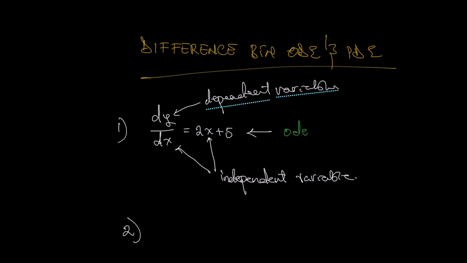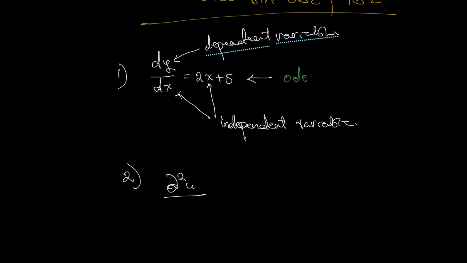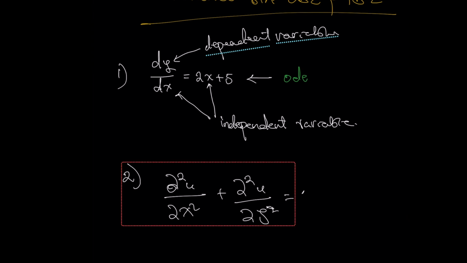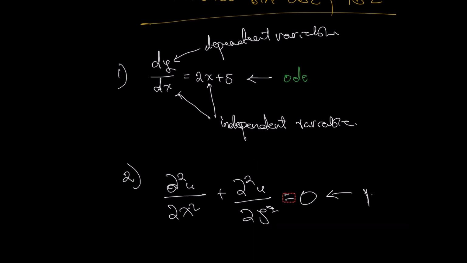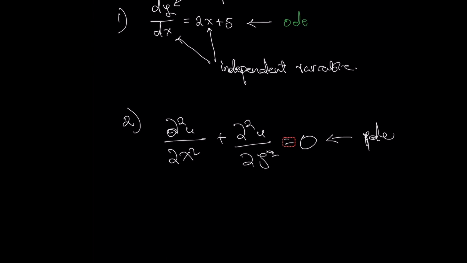Let's look at another example. I'm going to have a second one, the partial differential of u with respect to x squared plus the partial of that with respect to y squared being equal to 0. So this is a PDE, and it is a partial differential equation because it has two independent variables.